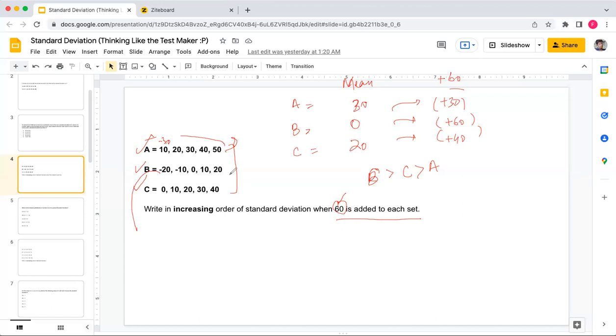Got the point? You are just subtracting the same value from each element. That's why the standard deviation is the same. And likewise for C, you are subtracting 10 from each element. That's why initially the standard deviation of A is equal to B is equal to C. But after adding 60, there will be a change which you need to figure out in this question.